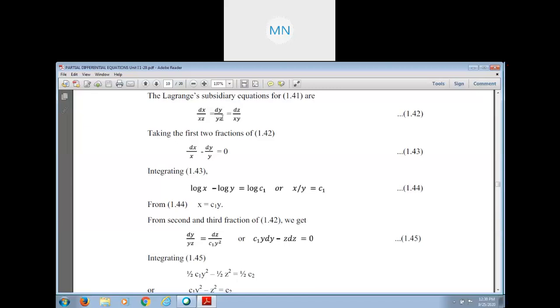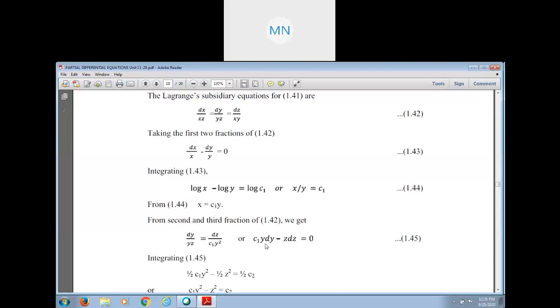Since no dx term arises, in place of x we put c1y.